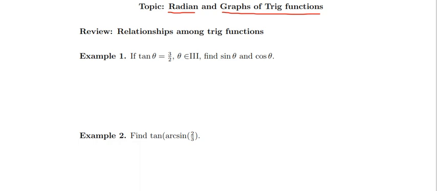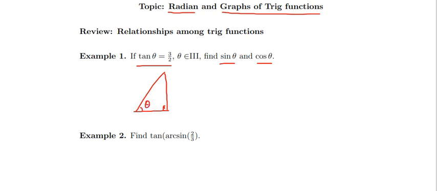Okay, so let's review. For example, we have such a problem. We have an angle, its tangent is given, and we want to find sine and cosine. For this angle theta, we usually use a right triangle to denote this angle theta.